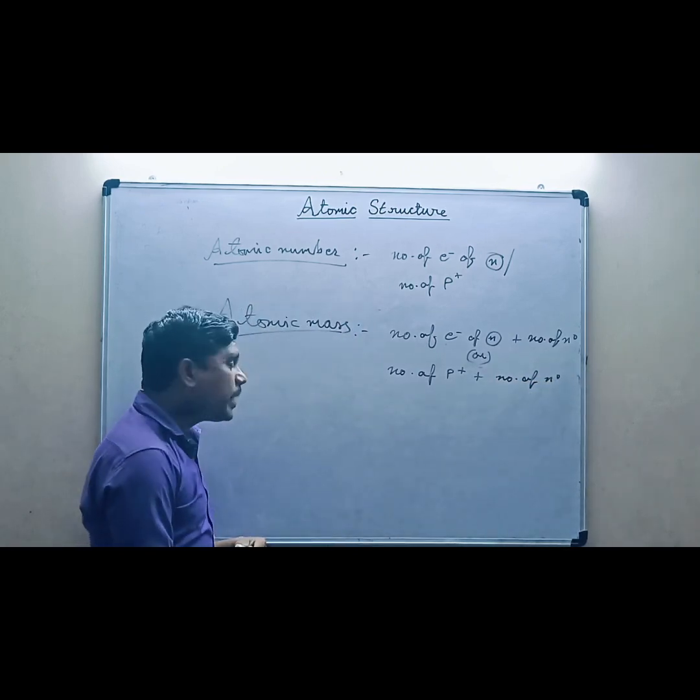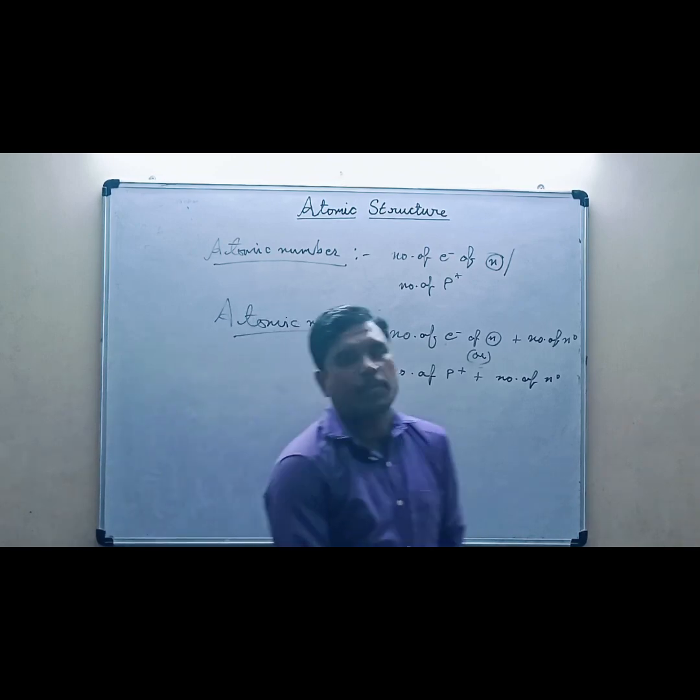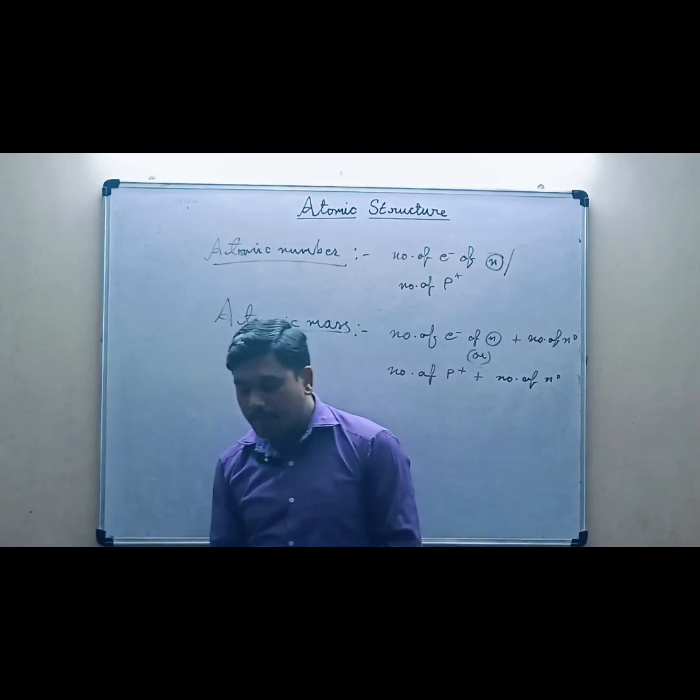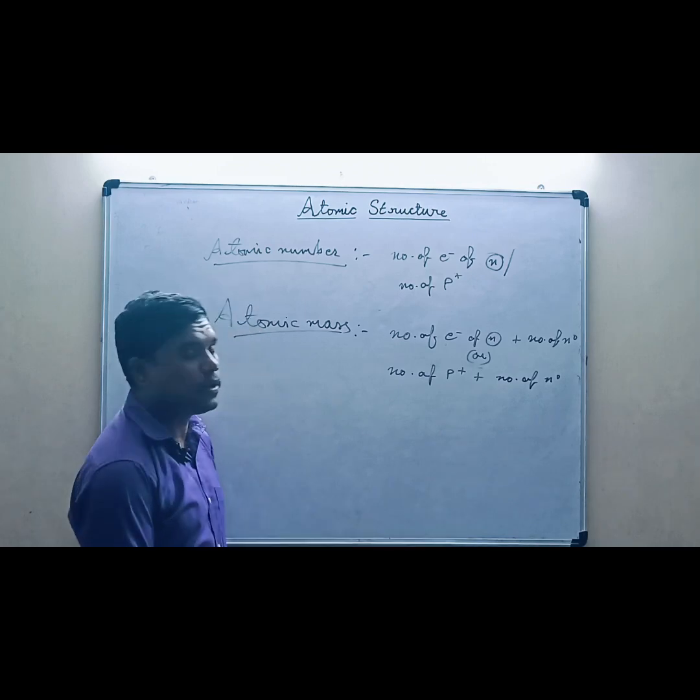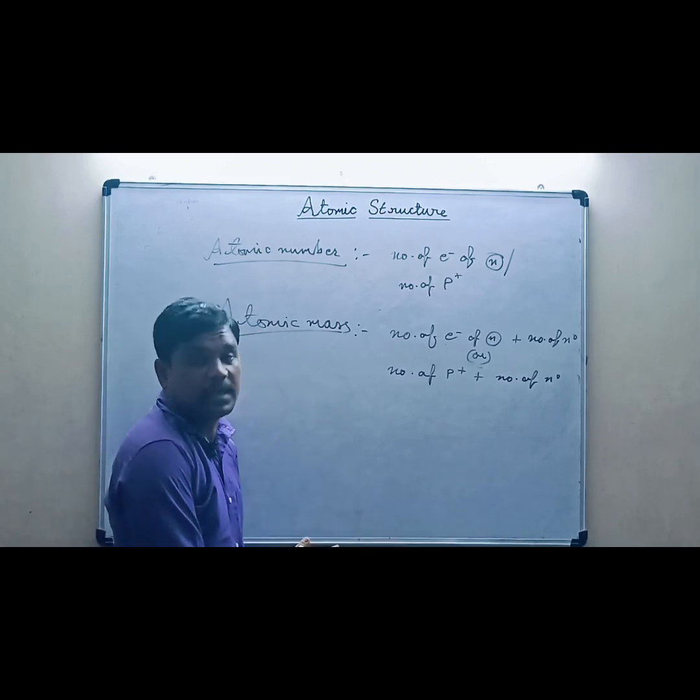So by knowing the atomic number and mass number of any atom, we can say the number of protons, the number of neutrons and the number of electrons of a given atom.